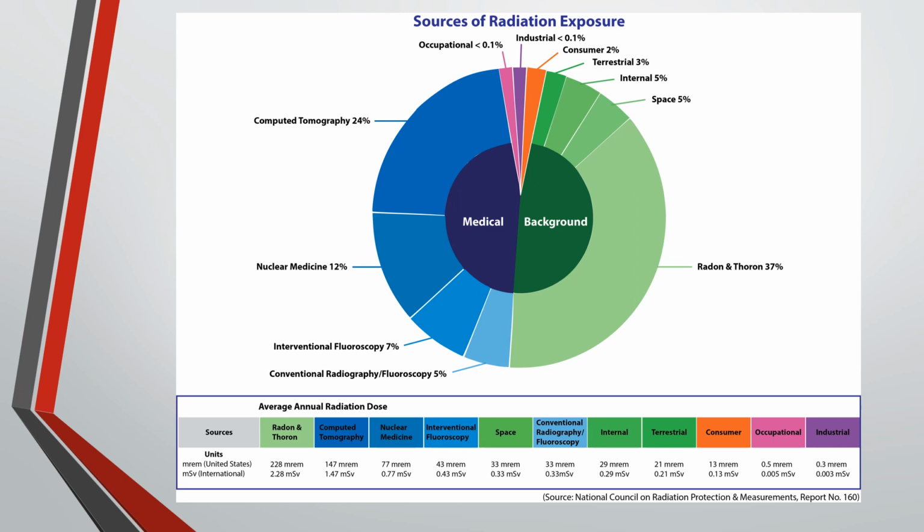This chart is an interesting one that breaks down the background and the medical radiation and what percentage actually occurs. As you can see, there are things like occupational and industrial, but computed tomography takes up a large chunk of medical exposure to the general population. Background mostly comes from radon and thoron.